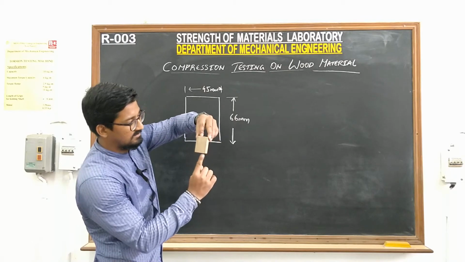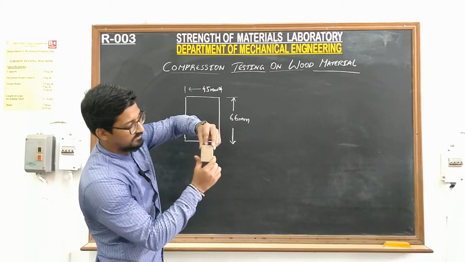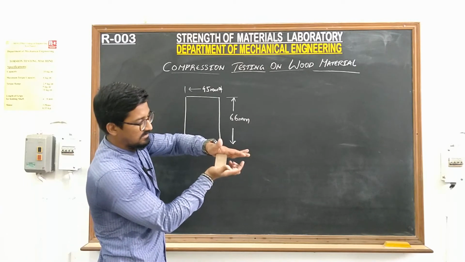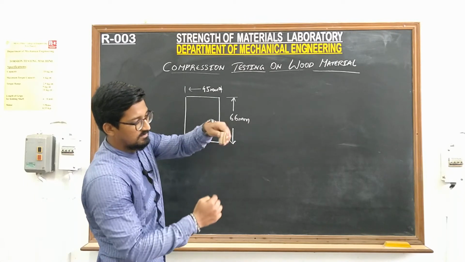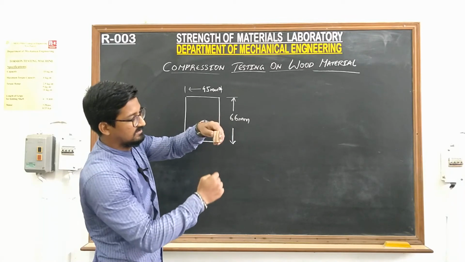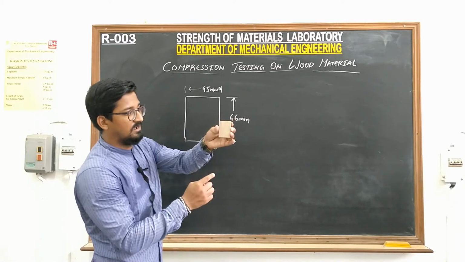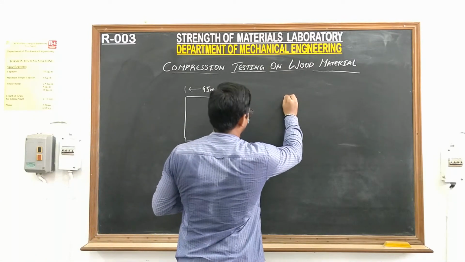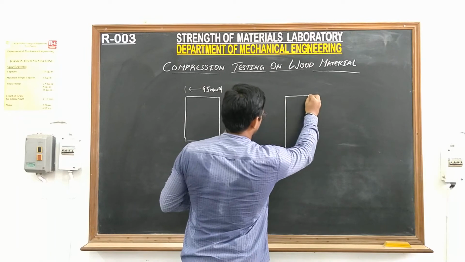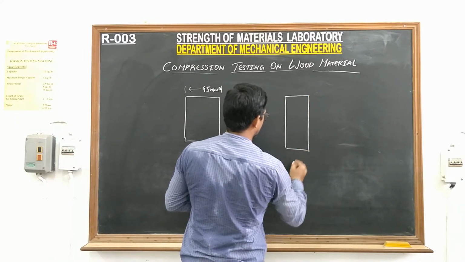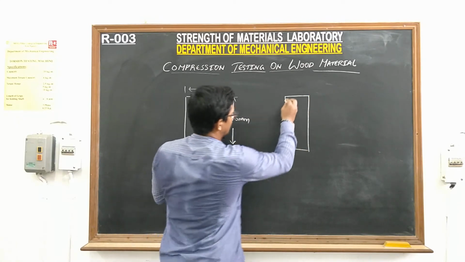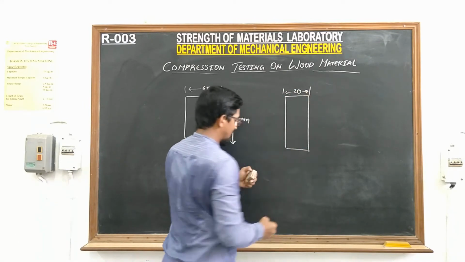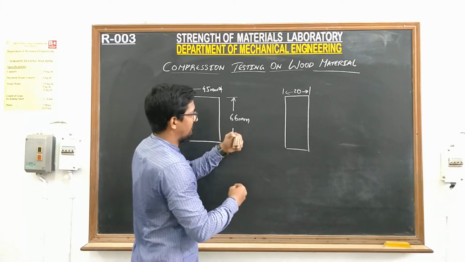So this is the front view of the specimen, and on this specimen the compressive load will be acting like this, correct? It will be pressed something like this on the wood material. So the cross sectional area will be this. I will make the cross sectional area here. So this is the front view and this is the cross sectional area. The cross sectional area is 20 mm by 45 mm, all dimensions are in mm.